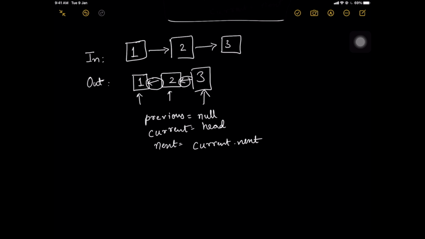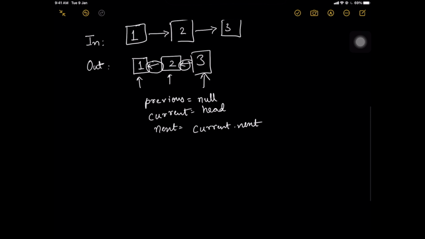Then look carefully. At the current node, suppose we're at 1, we want to set the next value of current as null because that's what's there in the output, right? So current dot next we set to previous, because previous is obviously null.